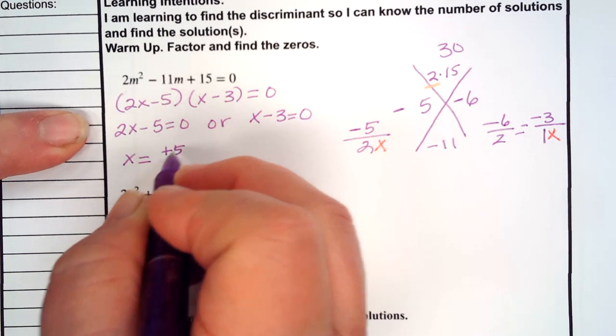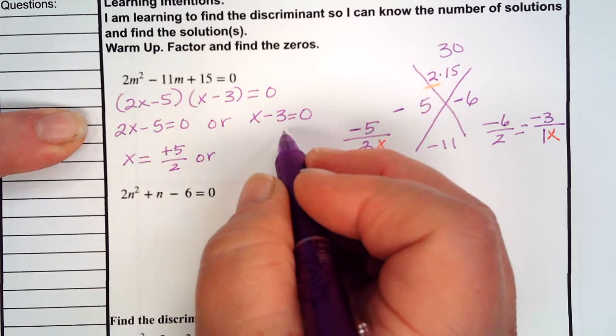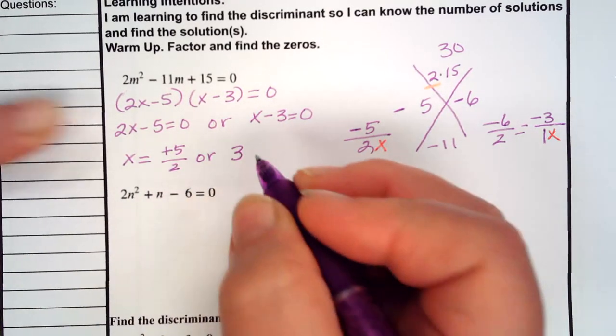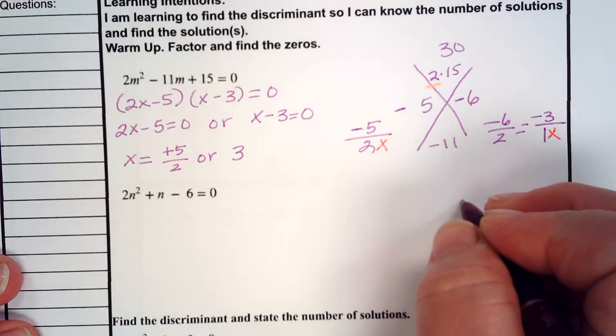Or, what is the opposite of negative 3? Positive 3, and I'm done. Hopefully that's the answer that you got. So let's look at the next one.